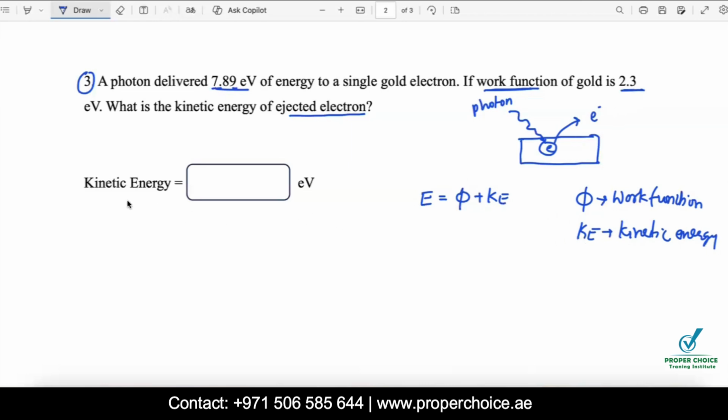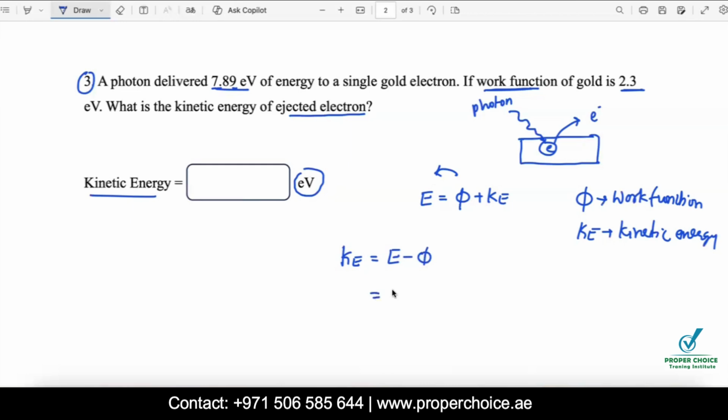They're asking you to find kinetic energy in terms of electron volt. As the kinetic energy is asked in the same unit, there is no need to convert electron volt into joule. So how do you solve for kinetic energy? Simply by rearranging the equation. Kinetic energy is equal to supplied energy minus work function.